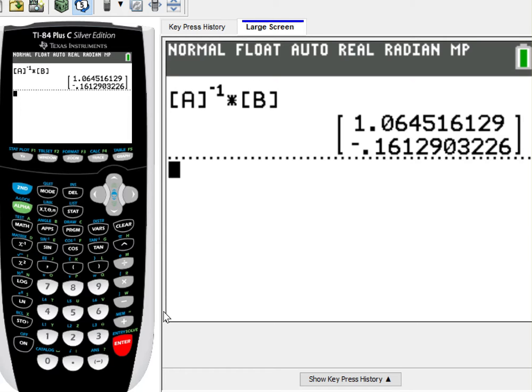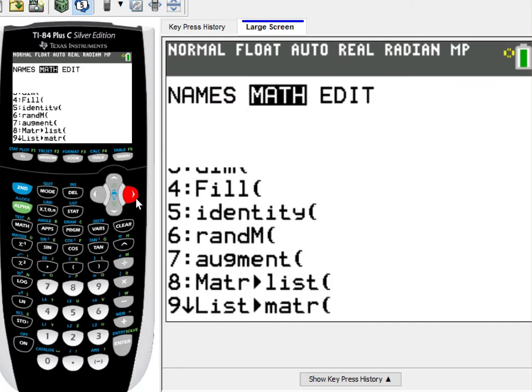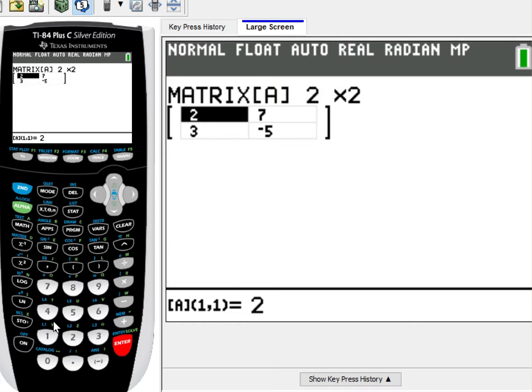Let's say we want to solve the system 1x plus 5y is equal to 10, and 3x plus 6y is equal to 12. So you go on your matrix, second matrix, and you edit your matrix A as 2 by 2, and you change your numbers there. Enter, enter. Let's say it's 1 and 5.